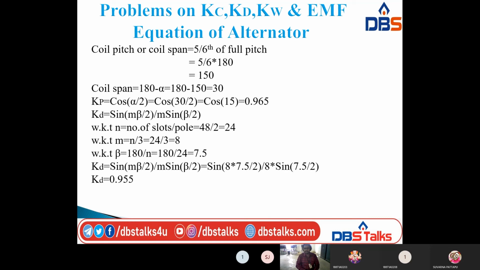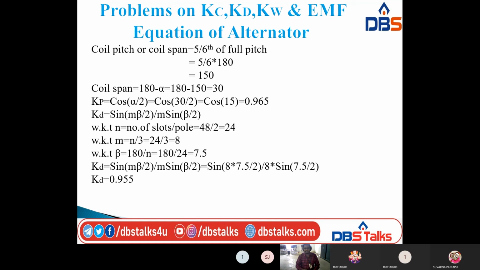So alpha is equal to 180 minus coil span. Already we calculated the coil span, that is 150. So alpha is equal to 180 minus 150, that is equal to 30 degrees. Alpha value is 30 degrees.